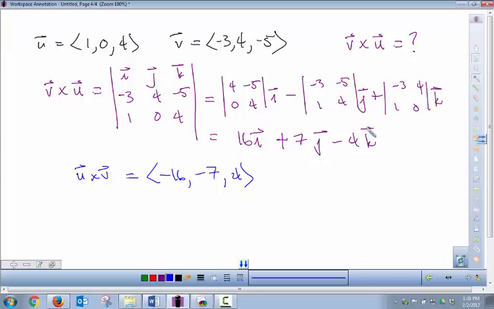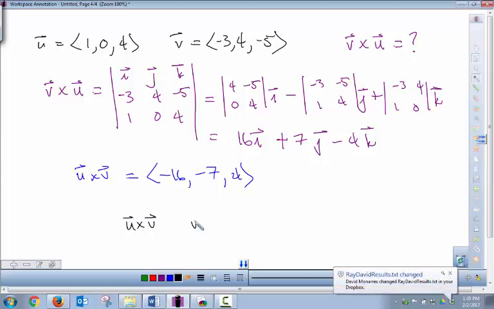It's always going to happen this way. So here we've just uncovered one of the important properties of the cross product: U cross V does not equal V cross U. Instead, it's equal to its negative.